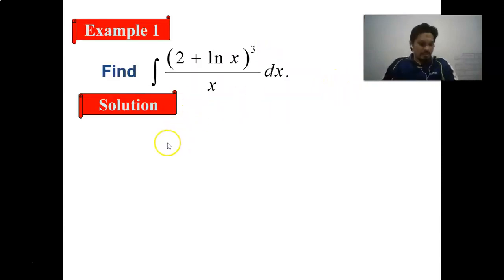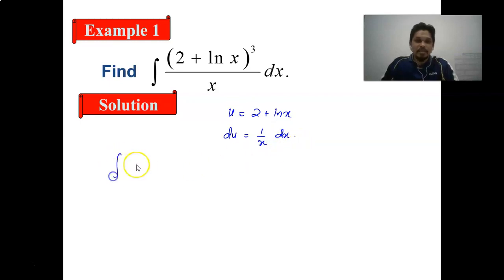So just imagine that we let u equal 2 plus natural log of x. Then du equals the derivative of 2, which is 0, plus the derivative of ln x, which is 1 over x dx.